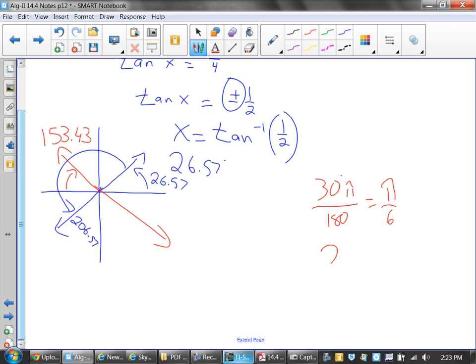If I'm starting with 26.57 times pi over 180, it's not going to give me a really nice, clean fraction. It's going to give me a crappy fraction, and crappy fractions in your calculators look like crappy decimals. So switch your calculator back to radians real quick and retype in the inverse tangent of 0.5. Hit mode.